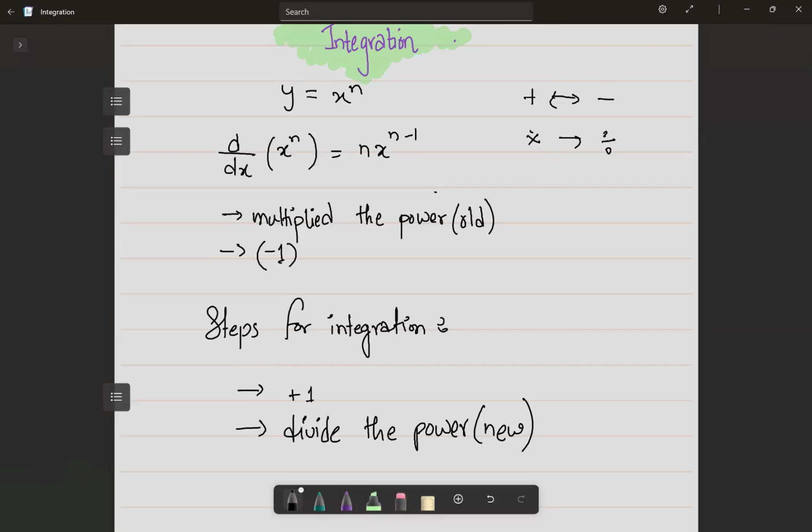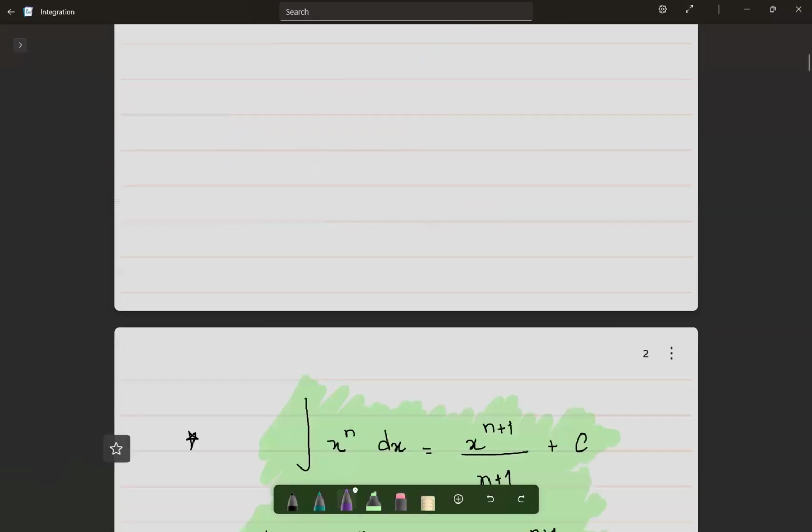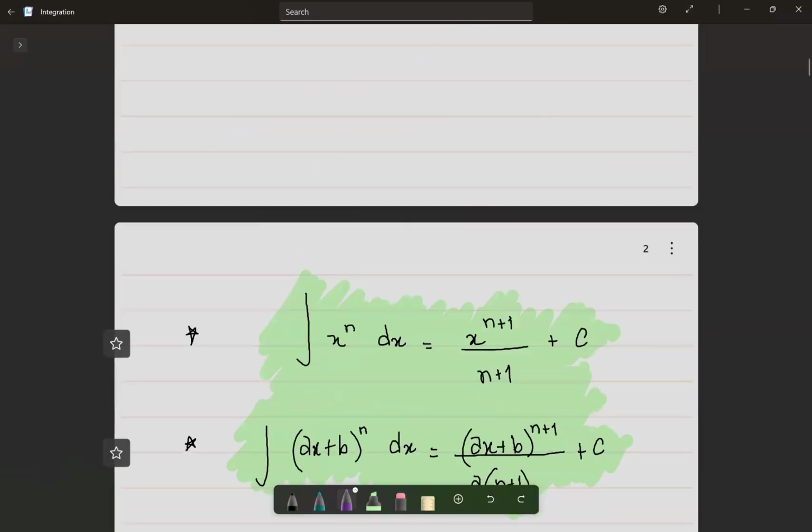Just like d by dx was the notation for differentiation, the notation for integration is this elongated s. You will stretch the middle portion of the s and write it like this. So this elongated s along with this dx is the symbol for integration.